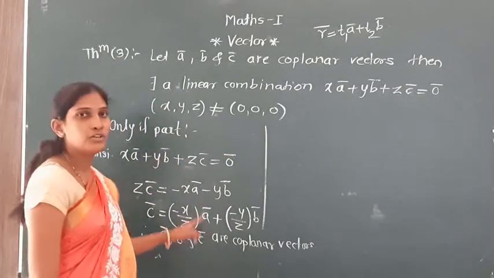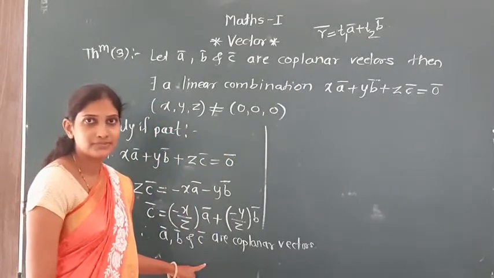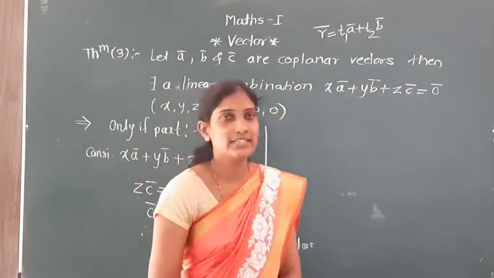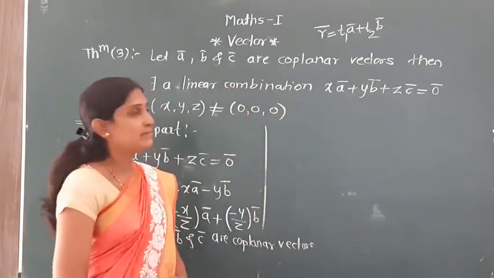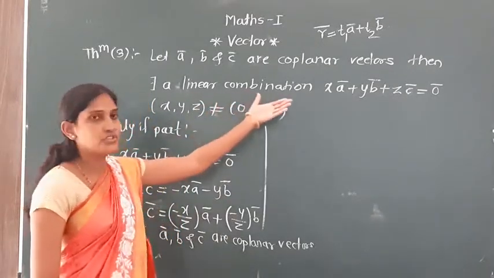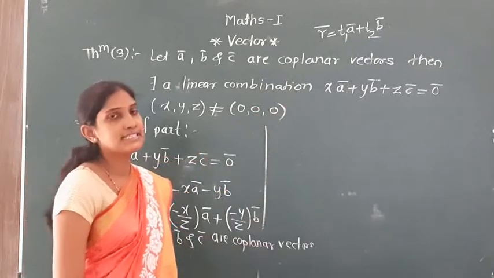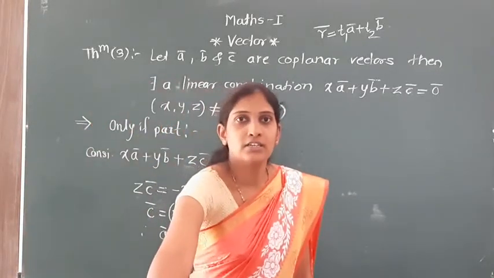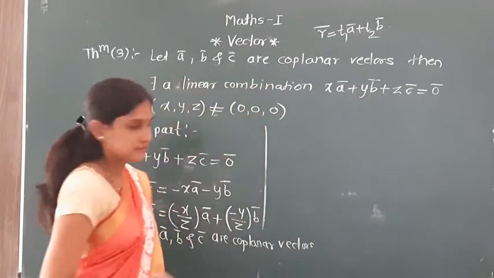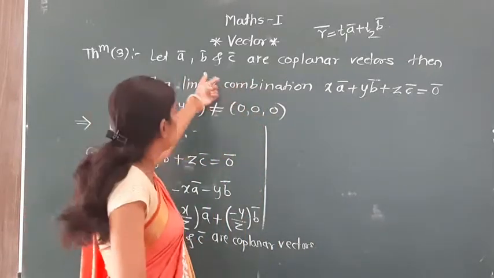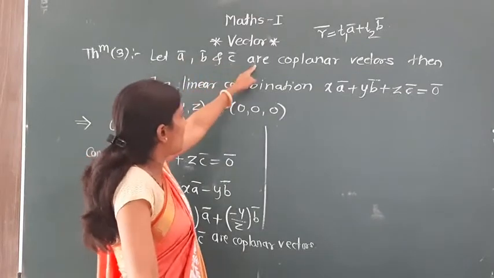So this is our only if part. This is our third theorem. What is the third theorem? Let A bar, B bar, C bar be coplanar vectors. Then there exists a linear combination x A bar plus y B bar plus z C bar is equal to 0. Now there is also a corollary, where A bar, B bar, C bar are coplanar.